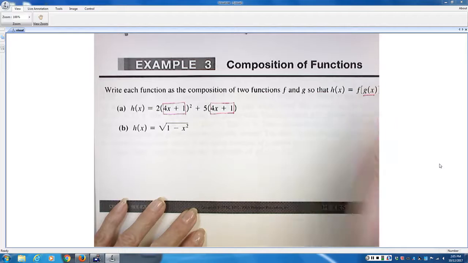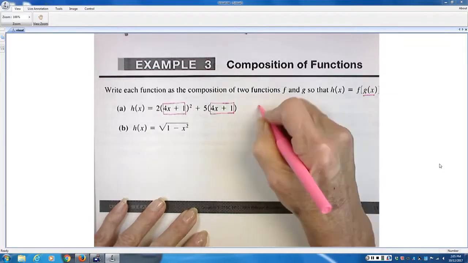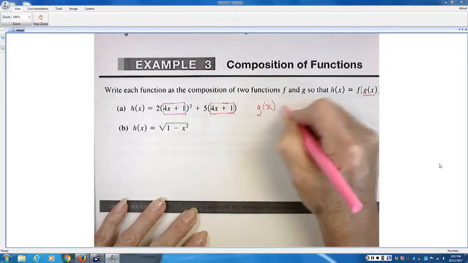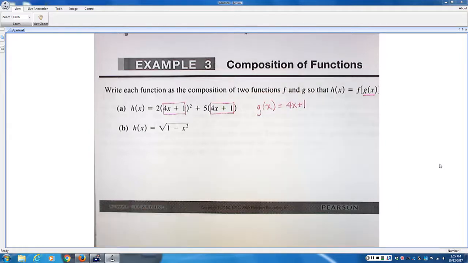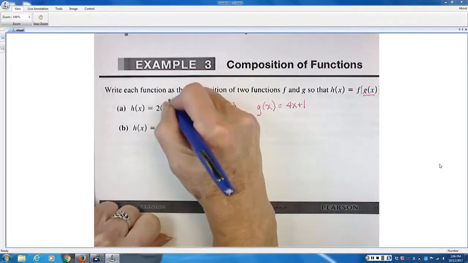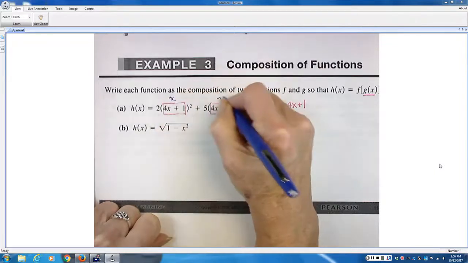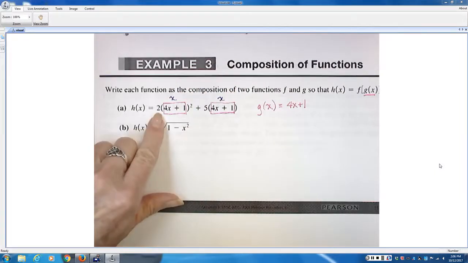So that tells you that g of x is 4x plus 1. What's the rule f of x? What does it do? If this is functioning as your x, what's the rest of it doing? That's f of x.